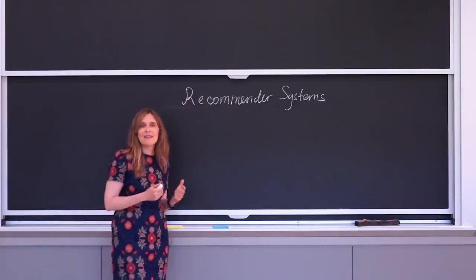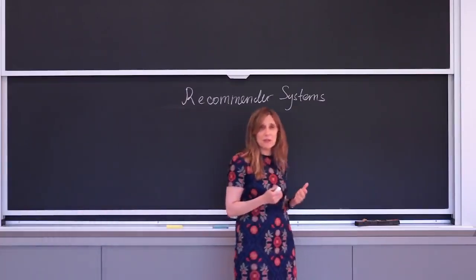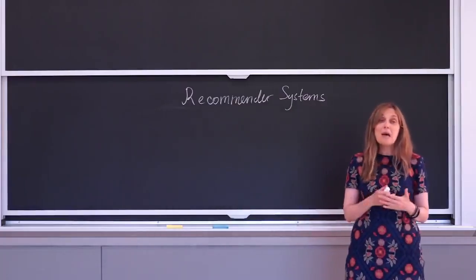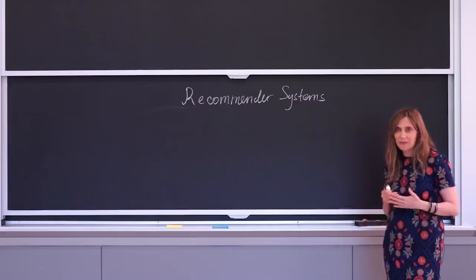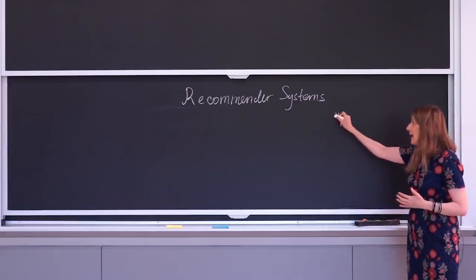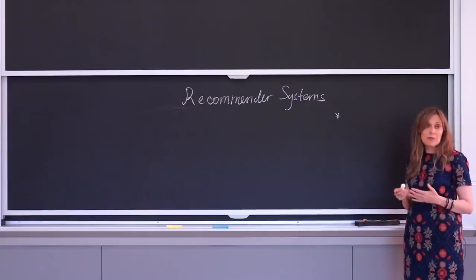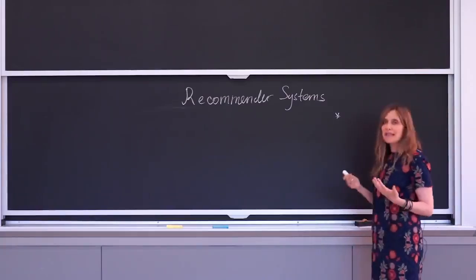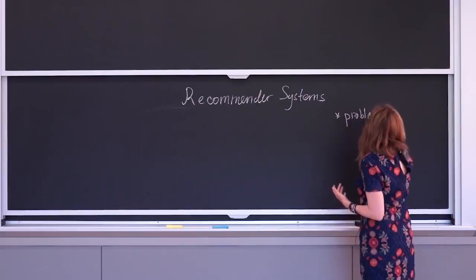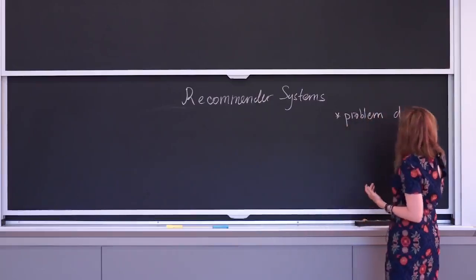So today we will cover the technologies that enable machines to learn this type of preferences based on the prior choices that the user has made. We will start today's lecture by first looking at the problem definition, and we will see that there are many ways to think about this problem definition.